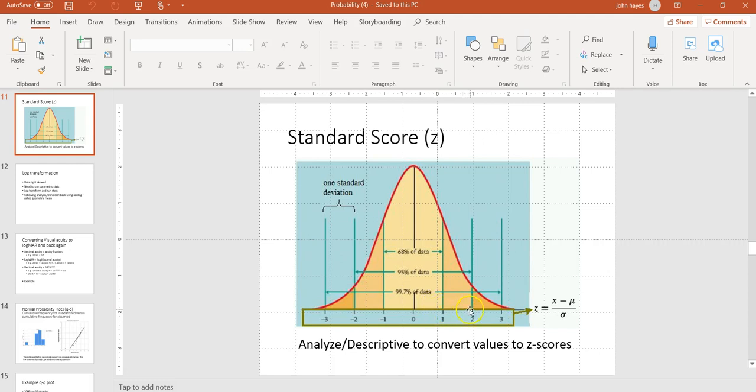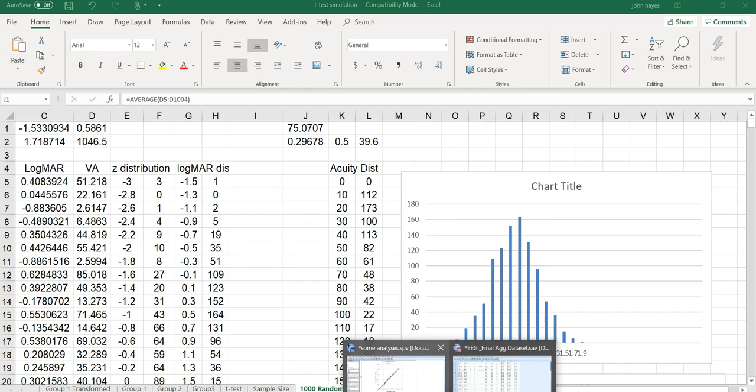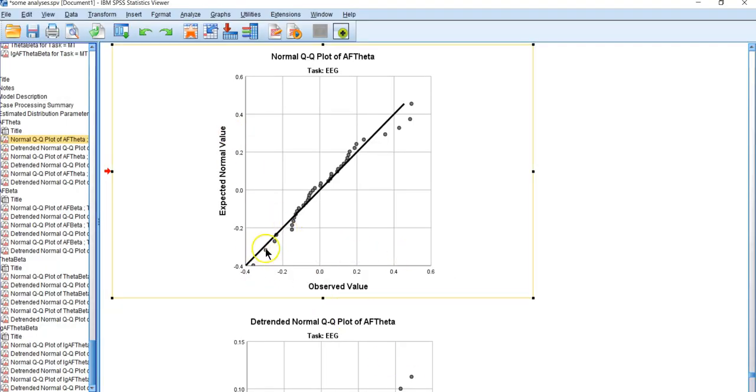And so we get our z values and we put them into the graph on the left. And then the raw proportions from the observed value is on the x-axis, and the line should be straight if it fits a normal curve.